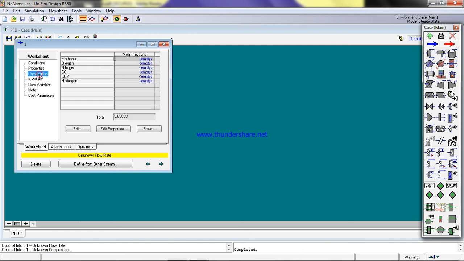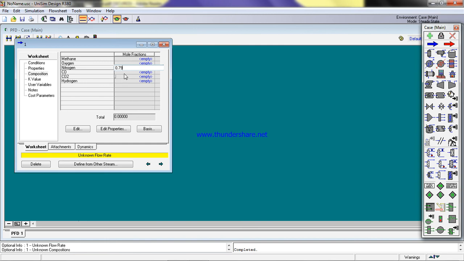Okay, so we come to composition. At the composition, that stream would contain nitrogen. In engineering, we approximate the value of air to be 79% nitrogen, so that will be a mole fraction of 0.79.